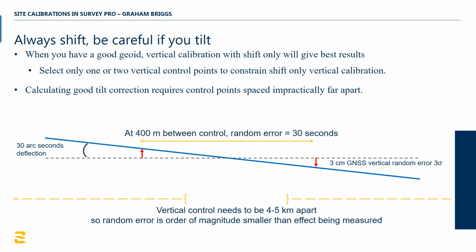So in reality, if you're trying to do a nice tight vertical calibration inclined plane and get any better than what the geoid can already approximate for you in terms of tilt compensation, then your control points need to be a few kilometers apart, so your random error is an order of magnitude smaller than the thing you're actually trying to measure. And that's rarely practical.